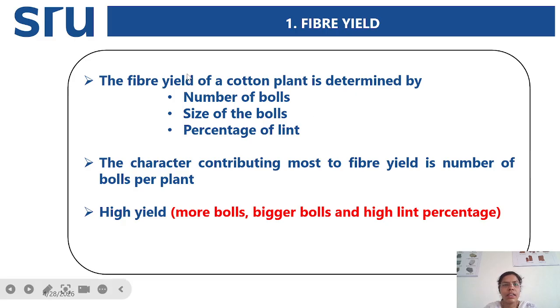Fiber yield in cotton depends upon the number of bolls, the size of the boll, and the percentage of lint.